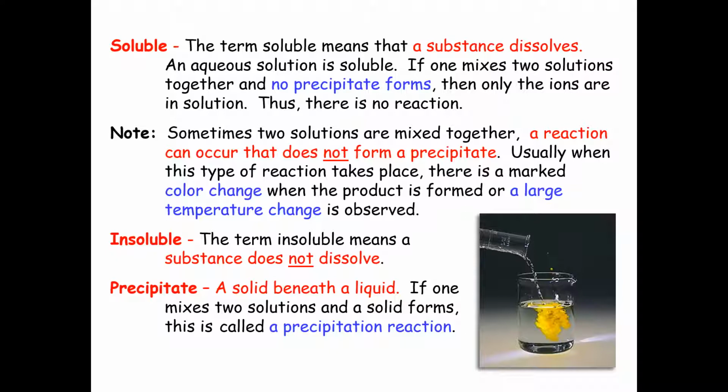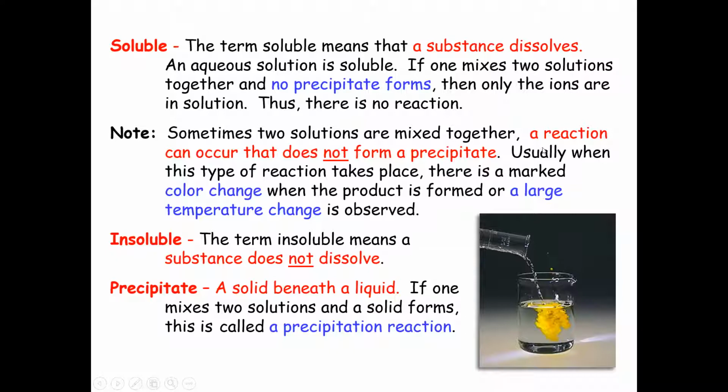The term insoluble means a substance that does not dissolve. For example, just to give you a simple example, sand particles do not dissolve in water, so they are insoluble in water. A precipitate is a solid beneath a liquid. If one mixes two solutions and a solid forms, this is called a precipitation reaction.